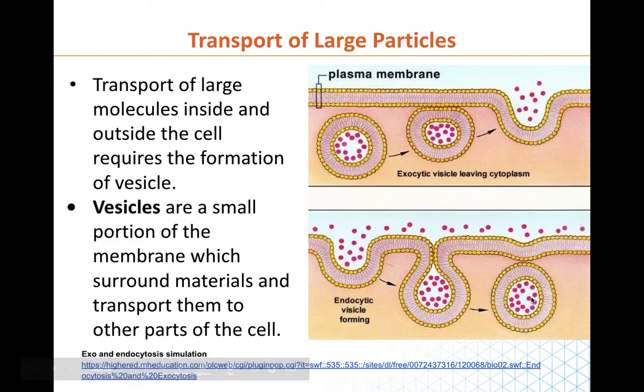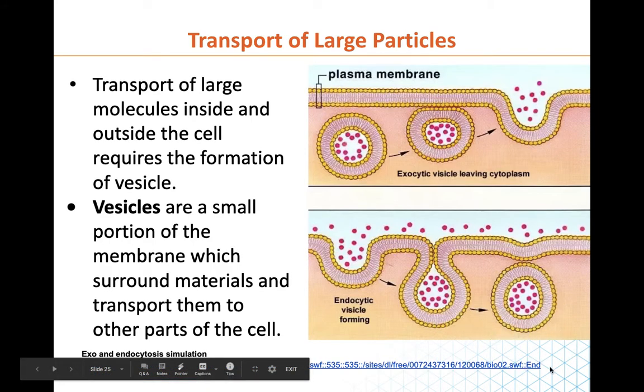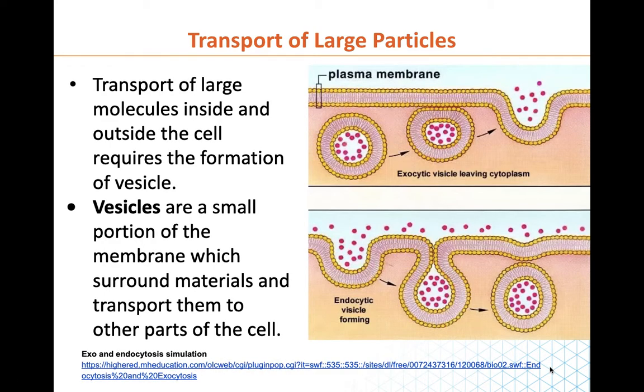Now that these materials are in a vesicle inside the cell, this vesicle can be transported anywhere in the cell that they're needed, right? So if you need them in the nucleus, they can go to the nucleus. If you need them in the mitochondria, they can go to the mitochondria. Wherever they need to go, this vesicle can transport that material to where they need to be.